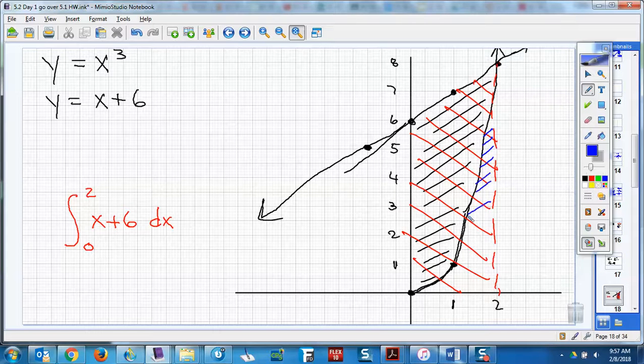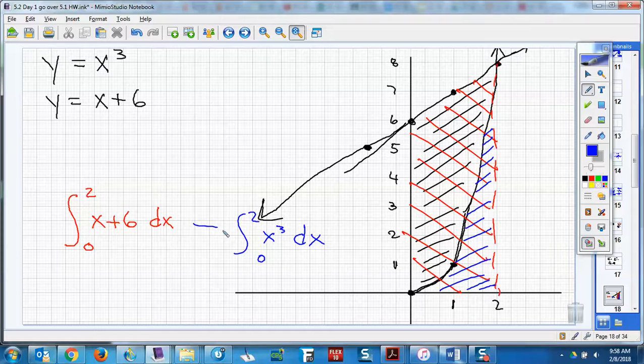Okay, this area here would be the area under the x cubed curve. So that would be the integral from 0 to 2 of x cubed dx. So to get the black area, we would do what? We would subtract those two. And that is what they're talking about.